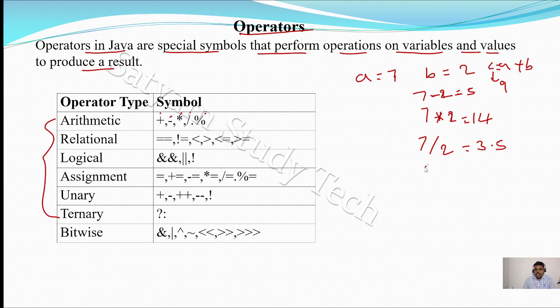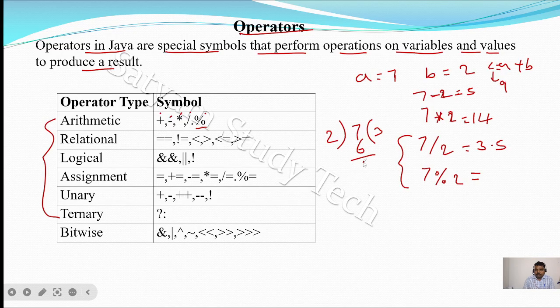Here is the modulus operator, 7 mod 2. What is the difference between these two operators? In division, 2 threes are 6, and the remainder is 1.